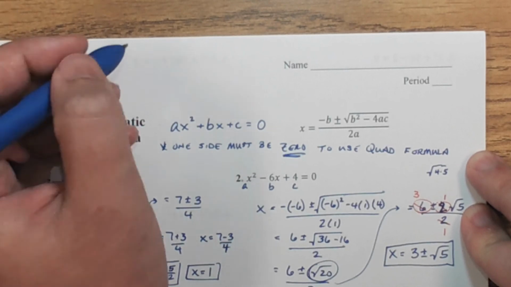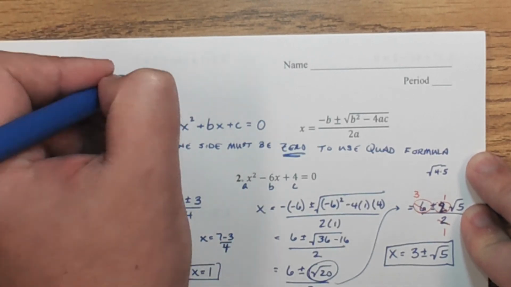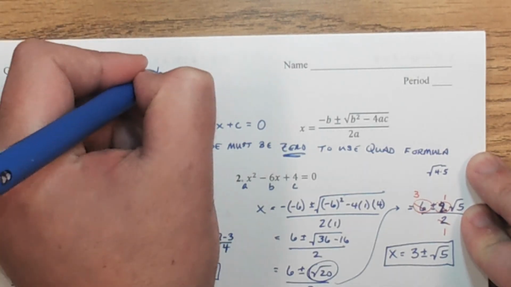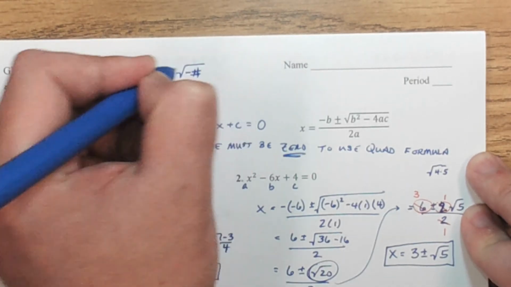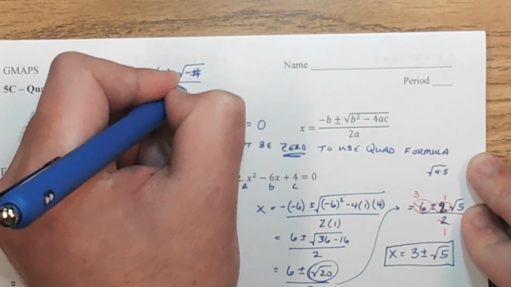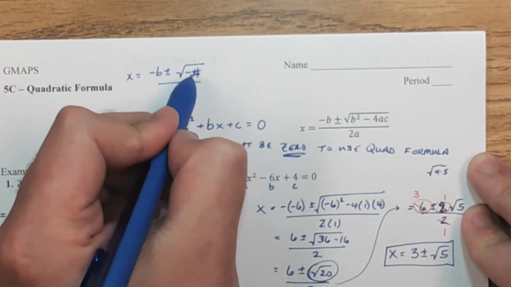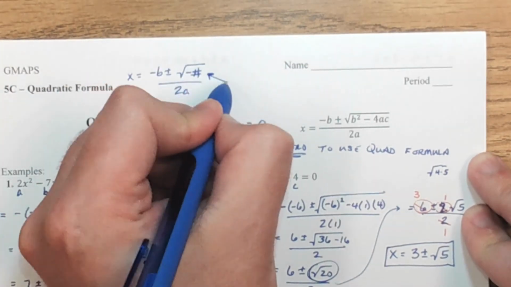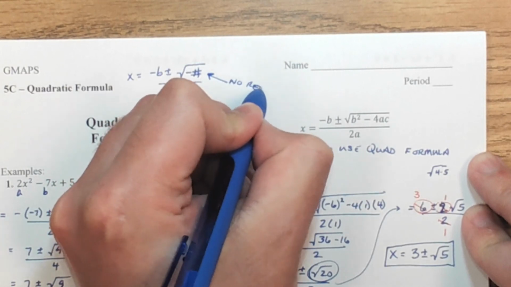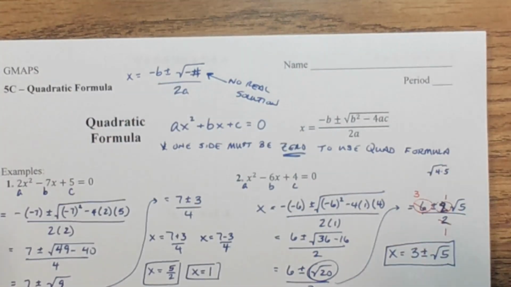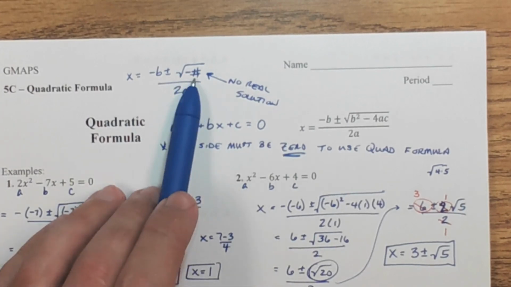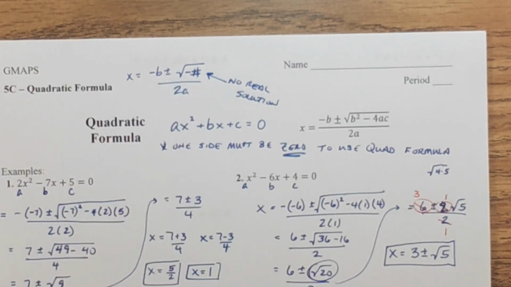If when we fill in the quadratic formula, x equals negative b plus or minus, and we get some sort of negative number underneath that square root, that means this is no real solution, because we can't take the square root of a negative number. So anytime you see a negative number under there, automatically no real solution. Okay, everything else you can work to simplify.